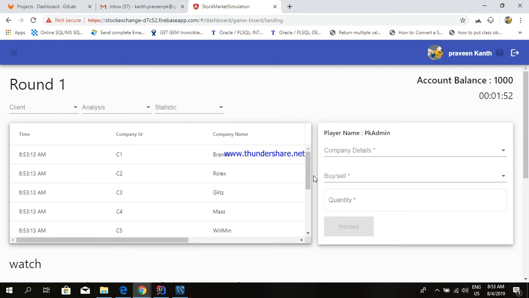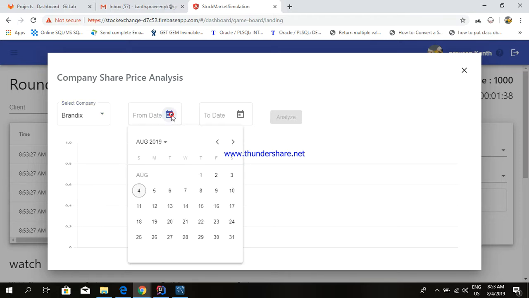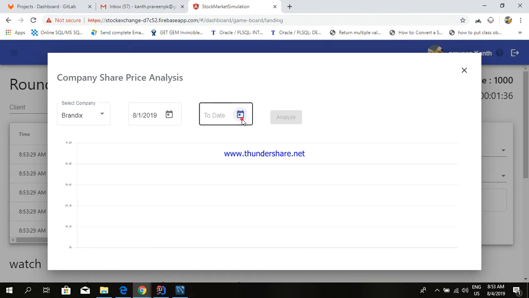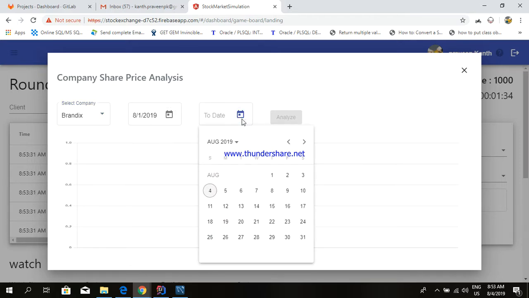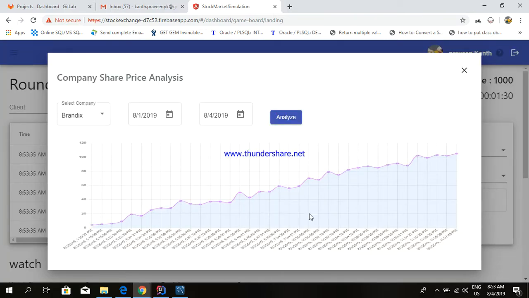I will show you the parts skipped in yesterday's first demo video we made for you all. This is the analysis chart, I hope you remember. I will go to this company and select a time range for the company share variation in the market. Once I click this, you can see how the variation happened.